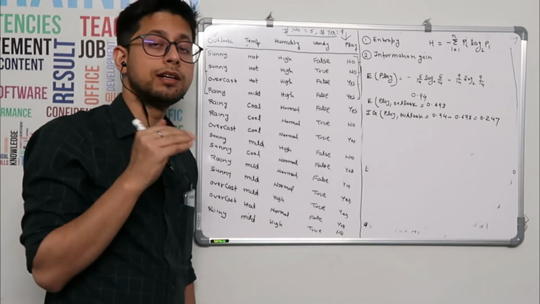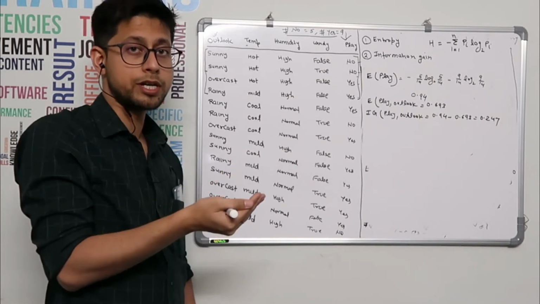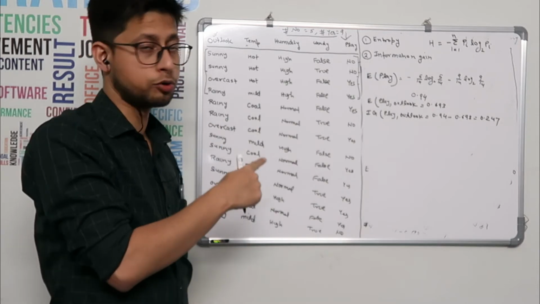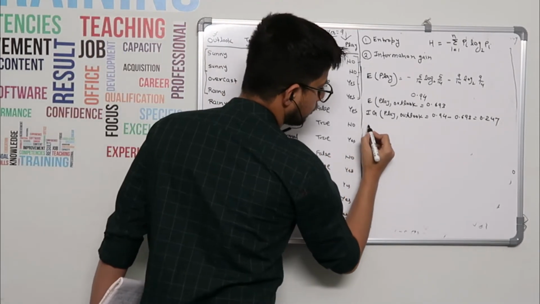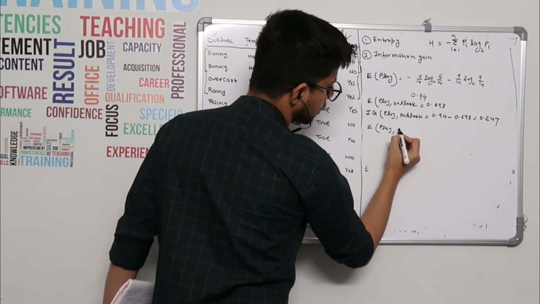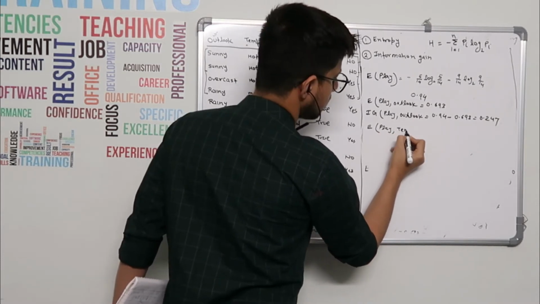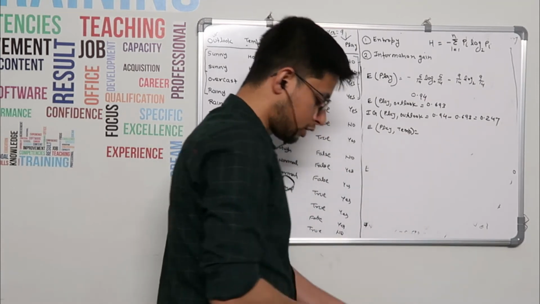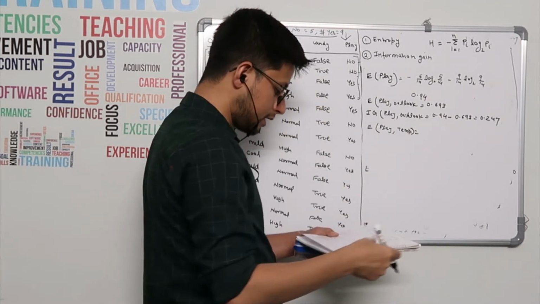Similarly, if we are splitting with respect to temperature, humidity and windy, you have to calculate. For your reference, I am writing the entropy of play with respect to temperature, which I have already calculated.